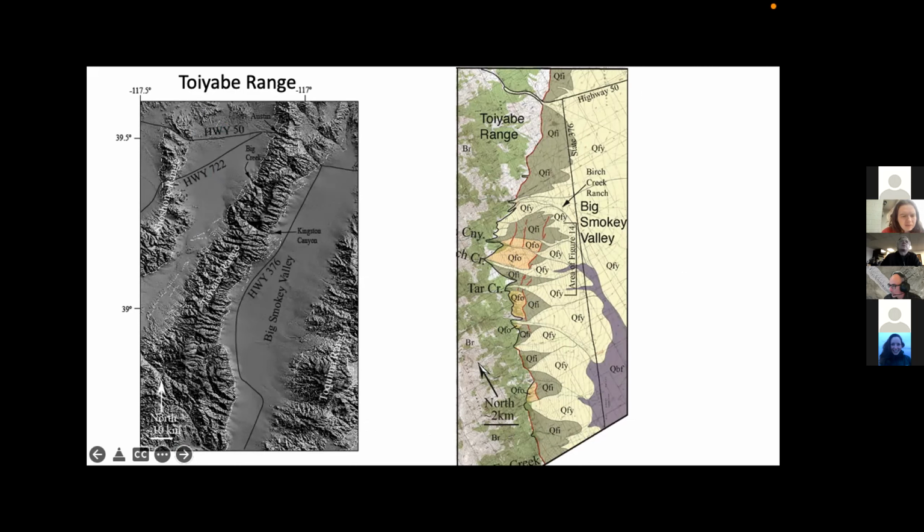So pretty sharp range front trace. And at that scale, you can't see things outside of the range front very well. But here's a final map with intermediate in brown, old age surfaces in orange, and yellow is the young surfaces. Okay, and there's some fault traces here outboard of the range front.